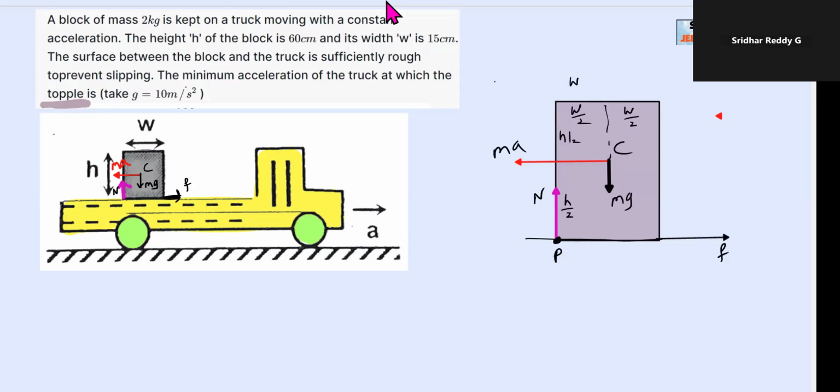So about what point can it topple? About P. It has a tendency to topple about P. It asks for the minimum acceleration. So for minimum acceleration, the normal reaction should act through the point P. For that, what should this particular pseudo force be?